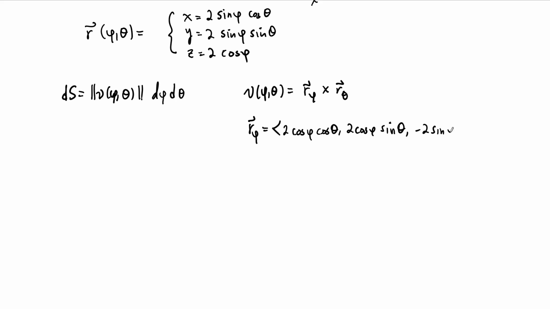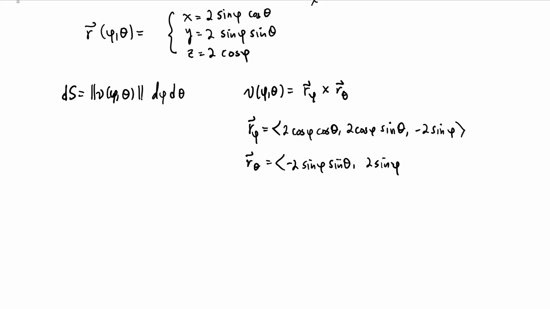We now do the same thing with the theta derivative. This is going to be -2 sine phi sine theta, +2 sine phi cosine theta, and then 0, since there's no theta in the z component.